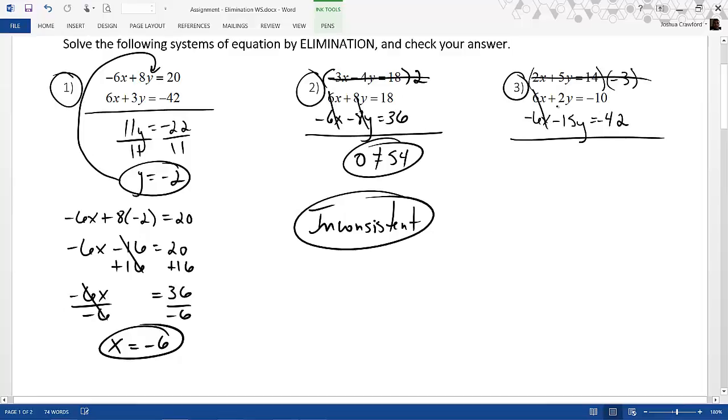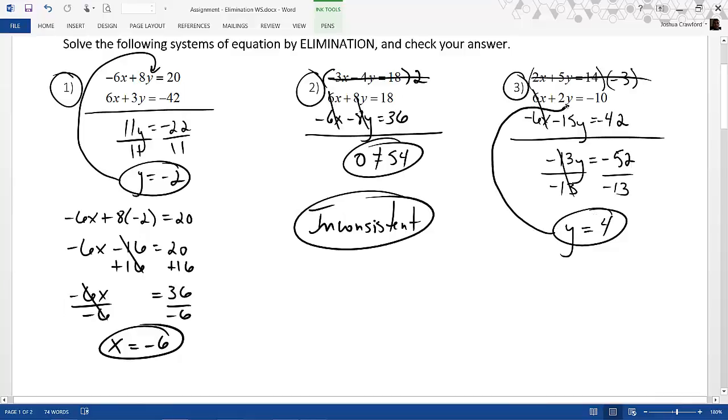The x's cancel, and we'll get -13y equals -42 plus -10 is -52. So now we need to get y by itself, so divide by -13, and y equals 4. Now plug this back into either equation to solve for x.